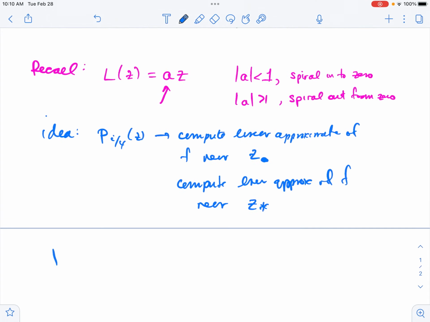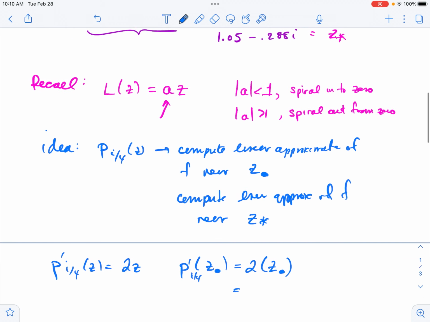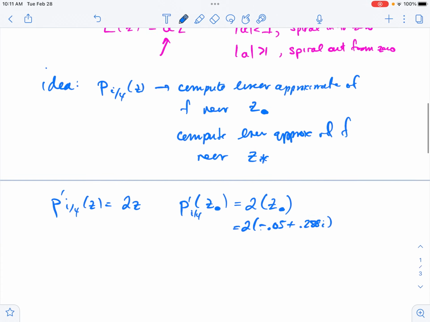It's not so hard to believe, I think, that p prime of i over 4 at z is equal to 2z. So if I actually calculate p prime of i over 4 at z dot, that's going to give me 2 times z dot. Of course, I know the value of z dot, which was minus 2 times minus 0.05 plus 0.288i.